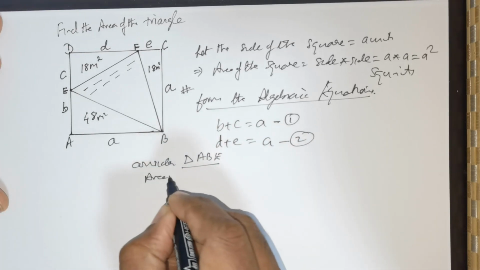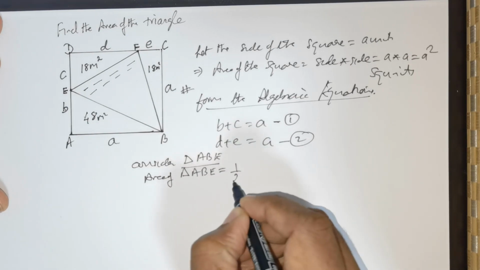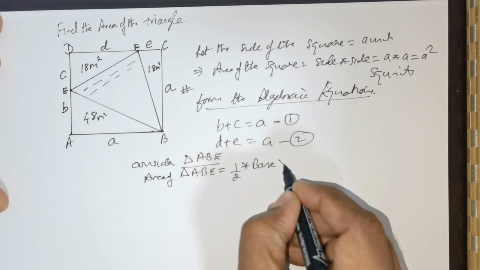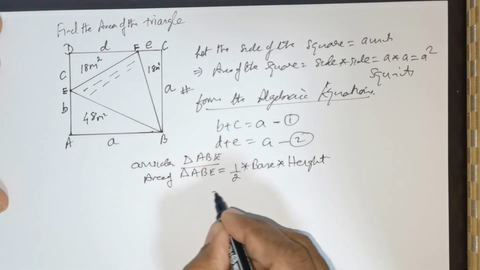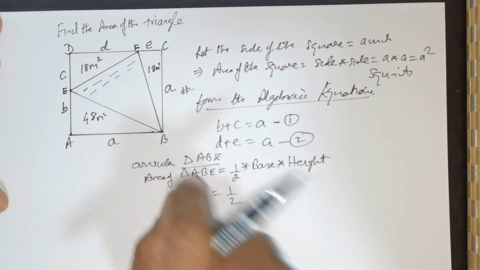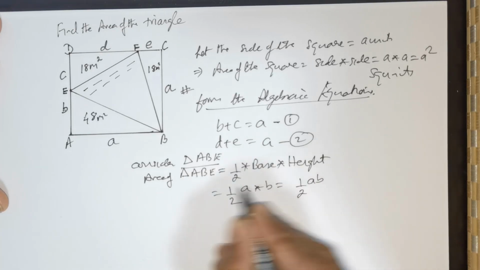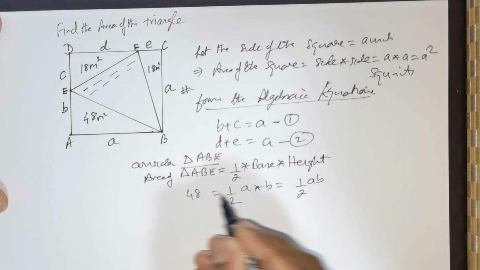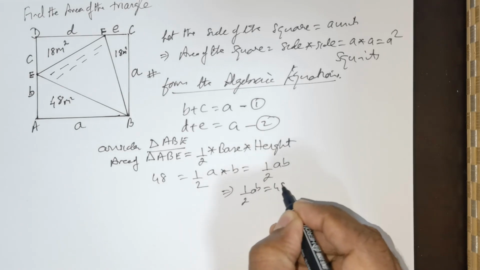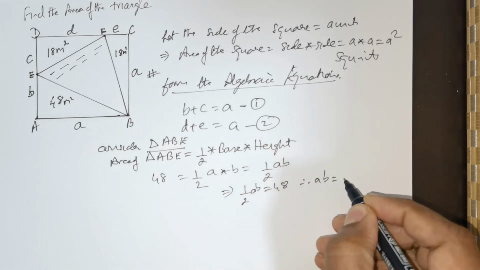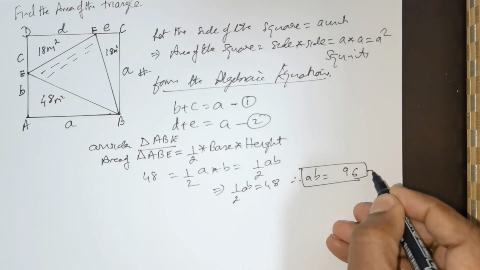The area of triangle ABE is equal to half times base into height. The base is A units, the height is B units, so this is half AB. The area is given to be 48, so half AB is equal to 48. Therefore AB is equal to 96. I'm taking this as 3.